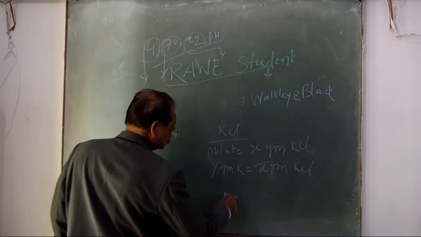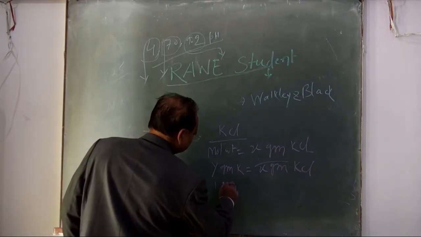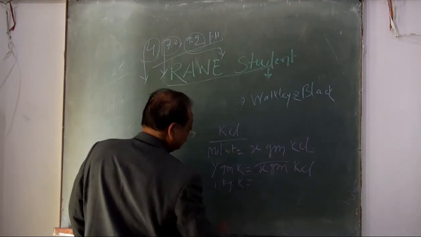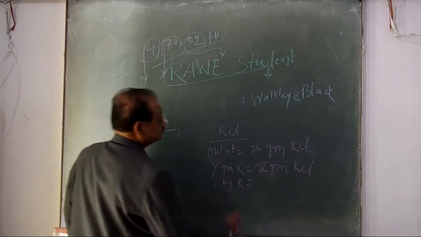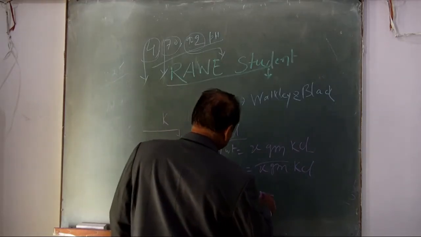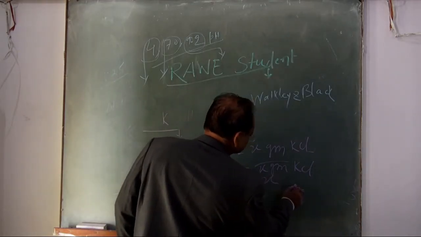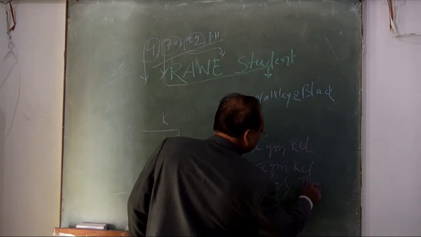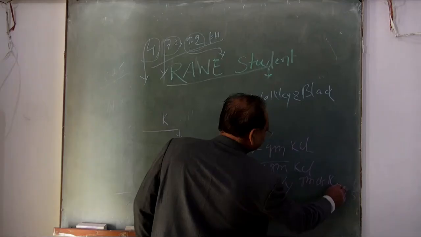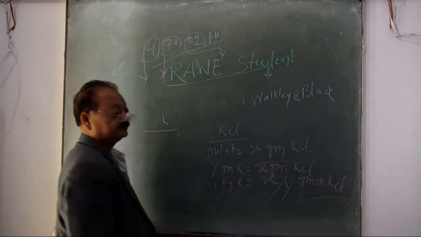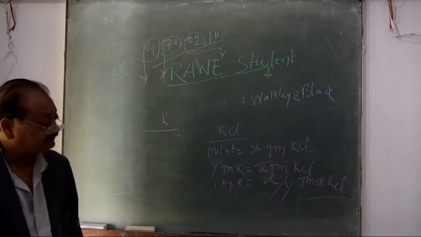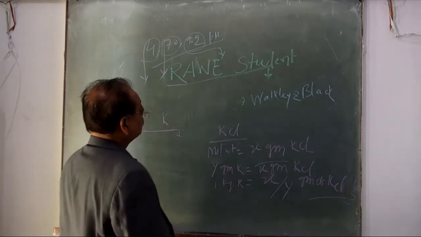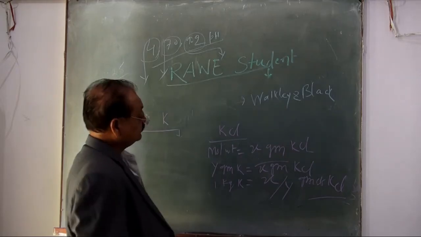Now, 1 gram K is equivalent to X divided by Y gram of KCl. Okay?